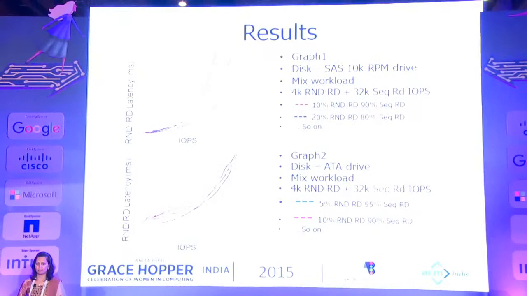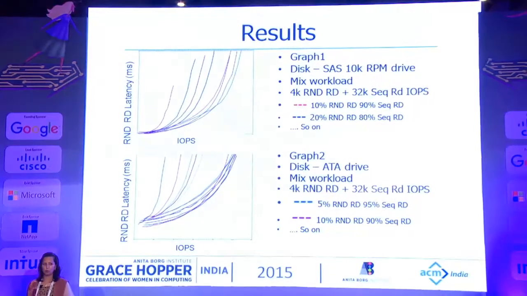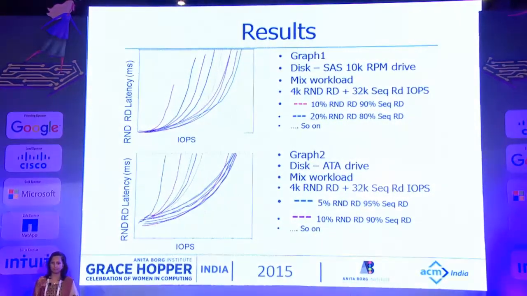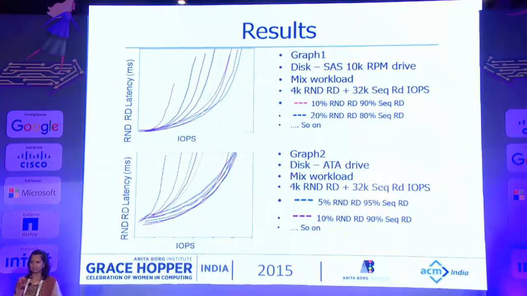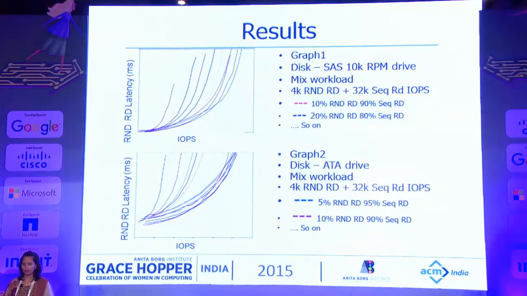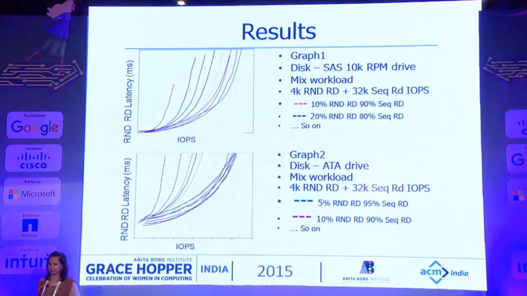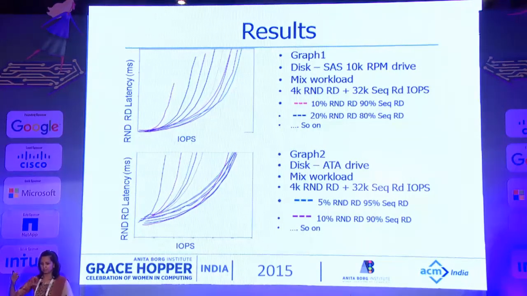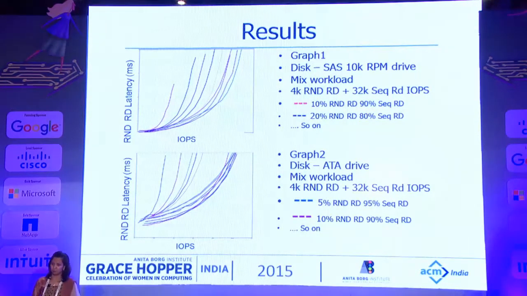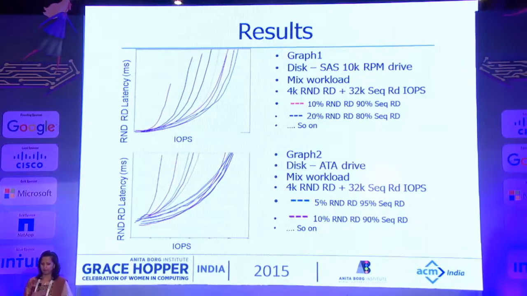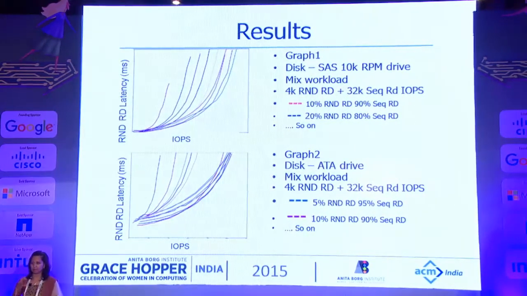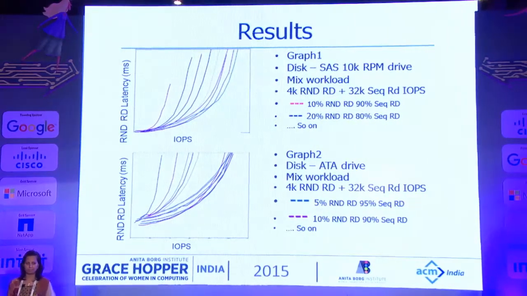So the red line on the first graph tells you how it looks when you have a 10% random read and a 90% sequential read coming to a system. But as and when you go on increasing and you make it 90% random read and 10% sequential read, the latency given by the random read would differ. And we have plotted all these graphs, we collect all this empirical data and we bucketize based on the IO profile.